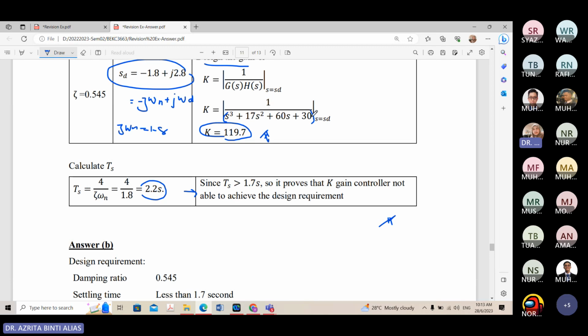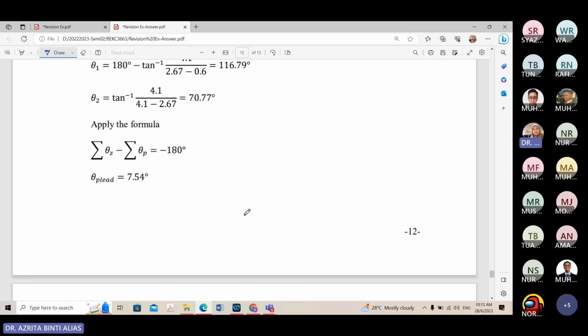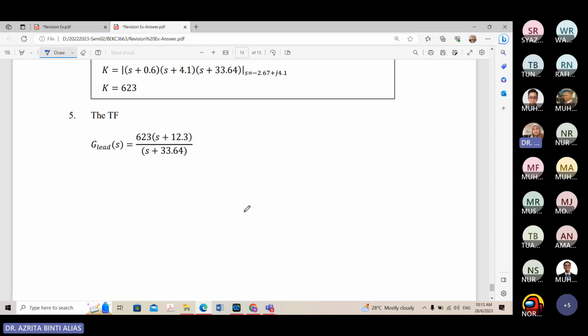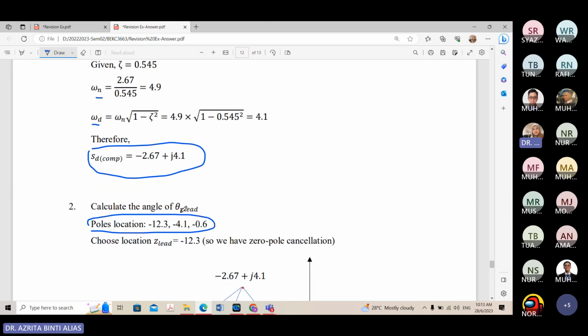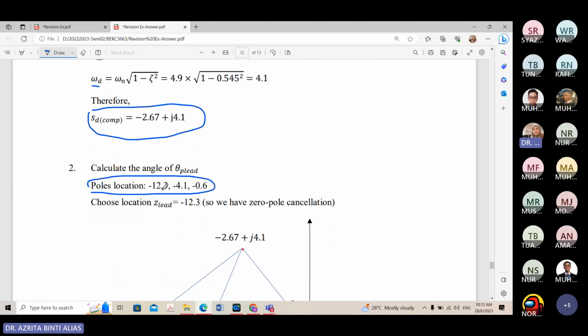So you just use your calculator to obtain the roots of the s square plus 70s square plus 16s plus 30. So nanti bila you guna calculator, you will obtain that the pole location is located at minus 12.3, minus 4.1, and minus 0.6.